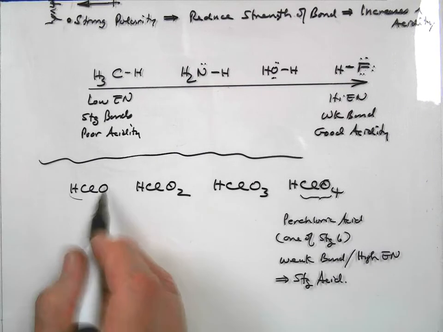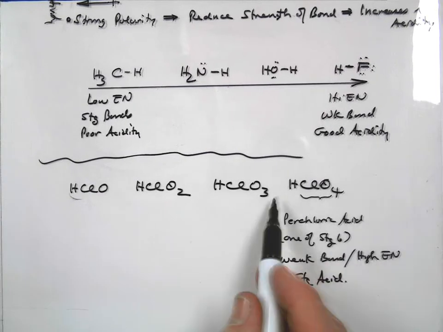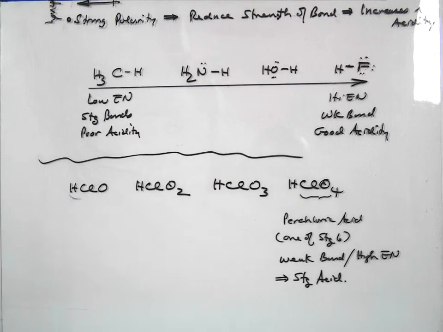Well, of course, it'd be down here, because it has fewer electronegative structures. Here's 4 oxygens, 3 oxygens, 2 oxygens, and 1 oxygen. So it is the number of electronegative structures within a given molecule that also contributes to the acidity, because they will draw electron density away from the hydrogen, whatever it's bonded to, and make it more acidic or less acidic.